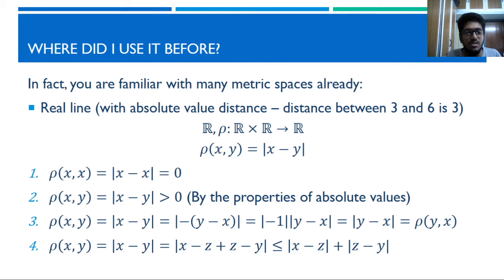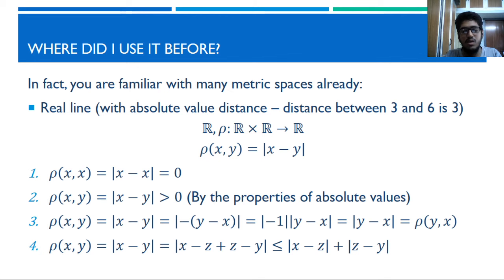The trick is something simple, adding a 0. The absolute value of x plus 0 minus y will be equal to the absolute value of x minus y. Now this plus 0, I'm going to rewrite as minus z plus z. And then I'll use the inequality which I talked about earlier to split it and get rho of x comma y is less than or equal to rho of x comma z plus rho of z comma y. I'm not going to delve into details of this.